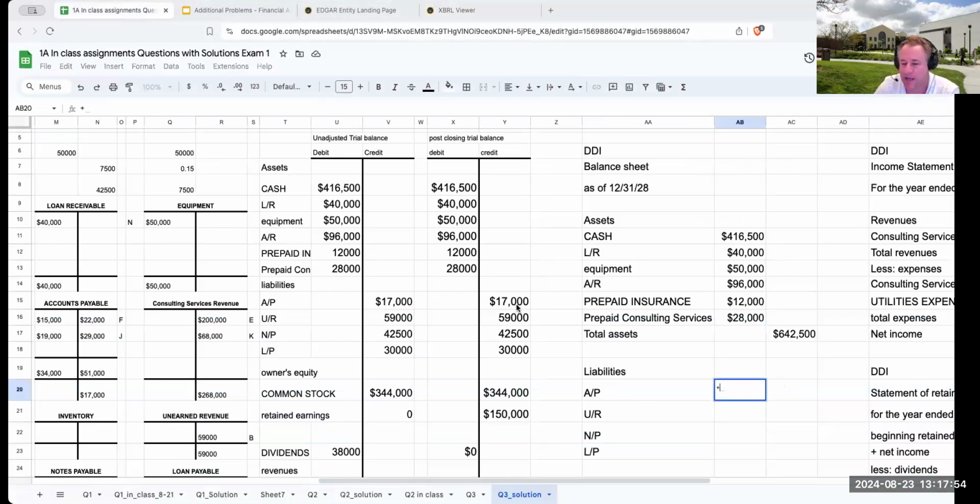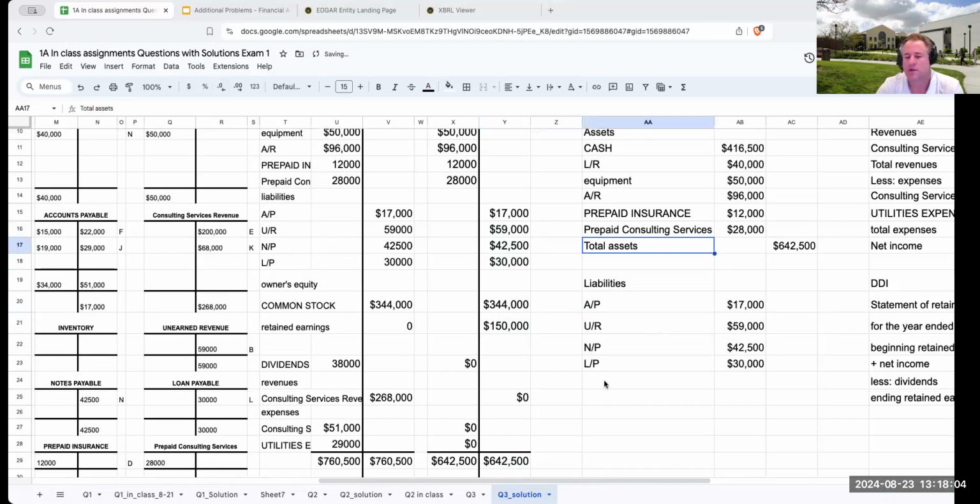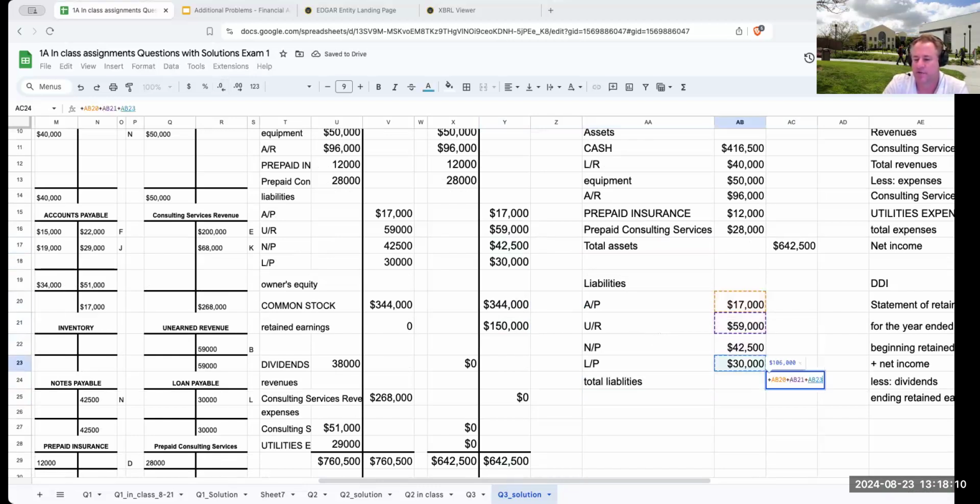So my accounts payable, 17, 59, 42.5, and 30,000, right? So my total liabilities are going to be the sum of 17, 59, 42.5, and 30.